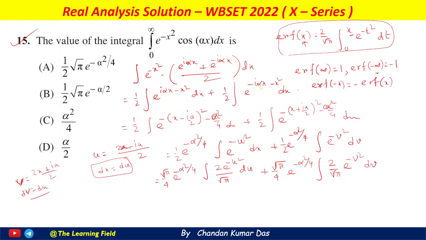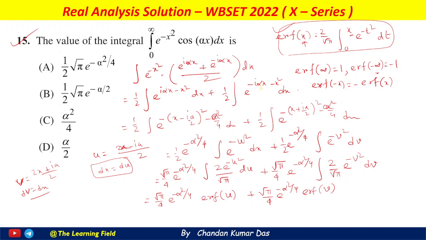Now this is the error function term, so we can write root pi by 4 exponential minus alpha square by 4 into erf of u, plus root pi by 4 exponential minus alpha square by 4 into erf of v.